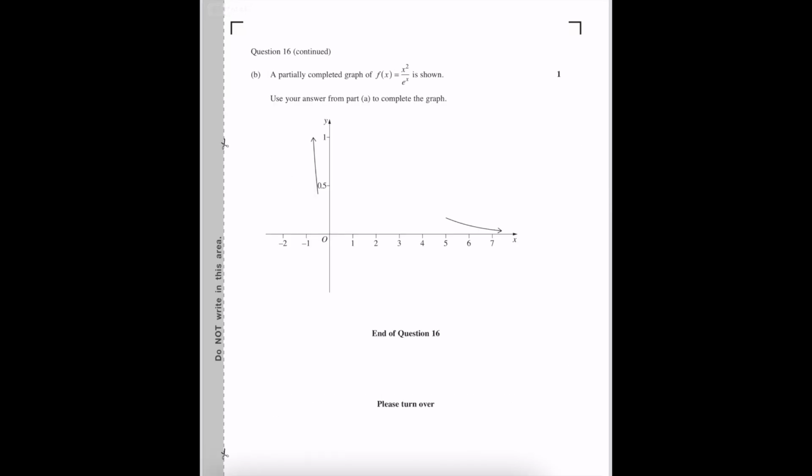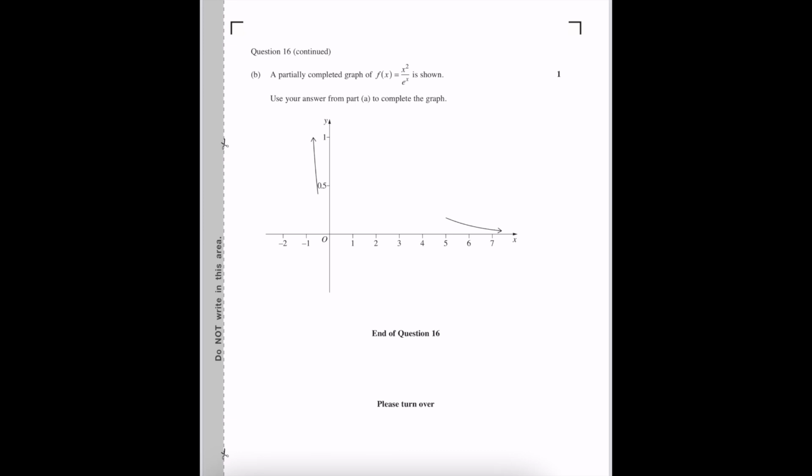Part B says a partially completed graph of the function is shown. Use your answer from part A to complete the graph. What we need to realize is that this graph here is a little bit tricky to actually plot.